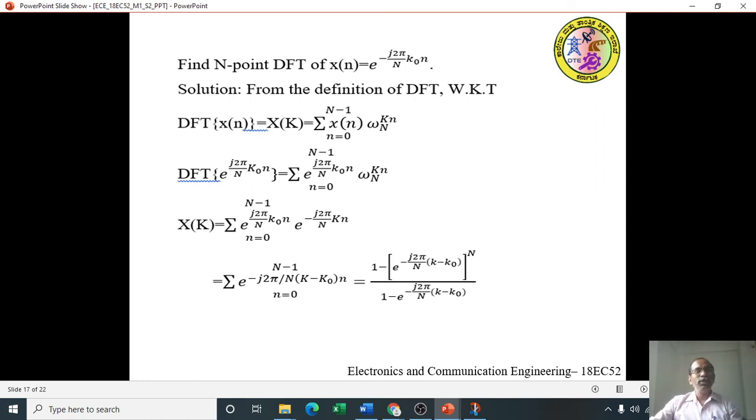Let us continue to compute the n point DFT of x of n is equal to e power minus j 2 pi by n into k naught into n. It's a complex exponential signal. Let us write the DFT formula. As we all know, DFT of x of n is X of k, equal to summation n varying from 0 to n minus 1 x of n into omega n power kn.